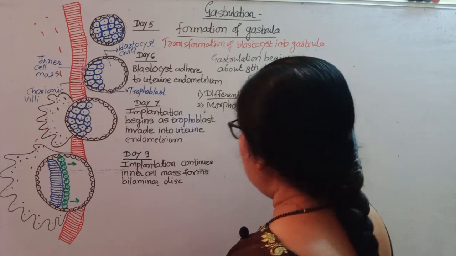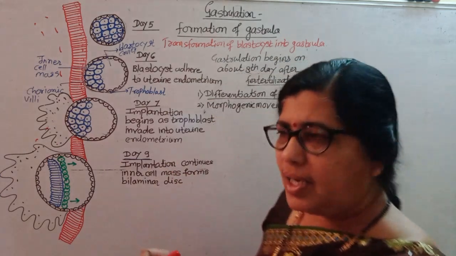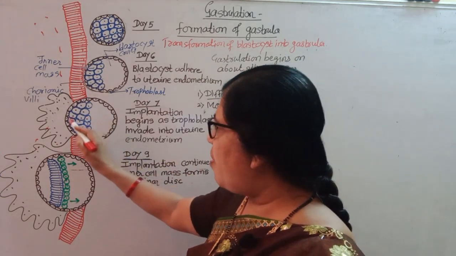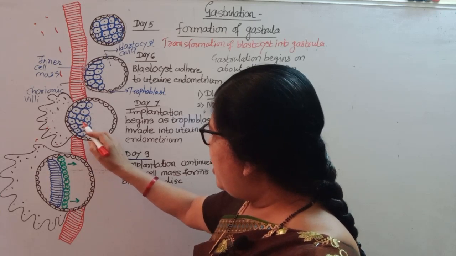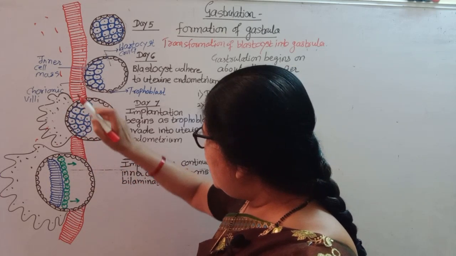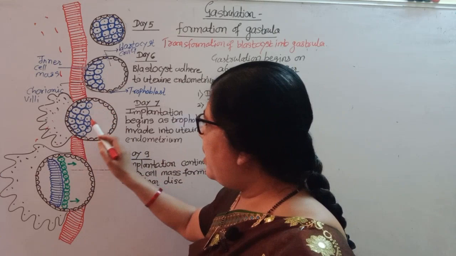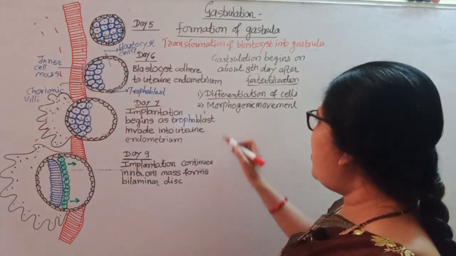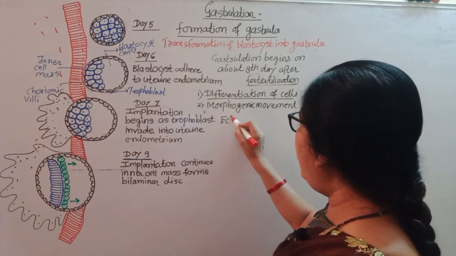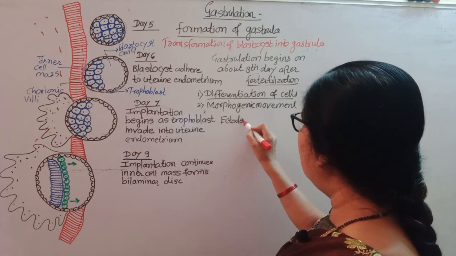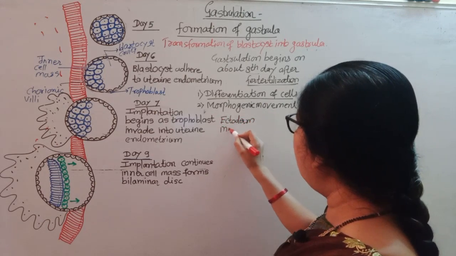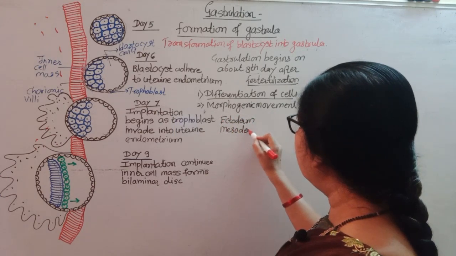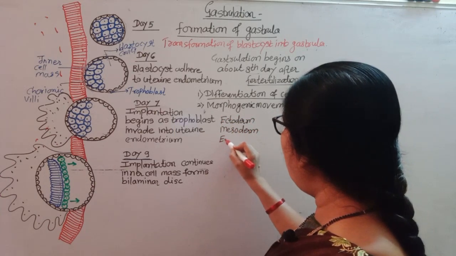Differentiation of cells. In the inner cell mass, cells are compactly arranged, and from the cells of inner cell mass, 3 primary germ layers are formed: ectoderm, mesoderm, and endoderm.